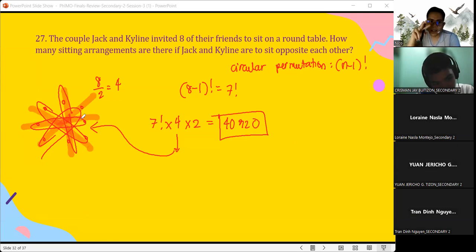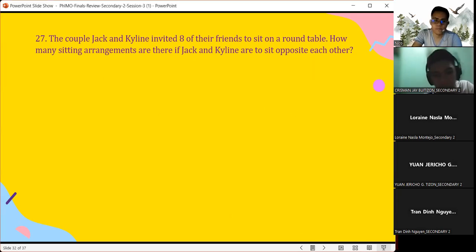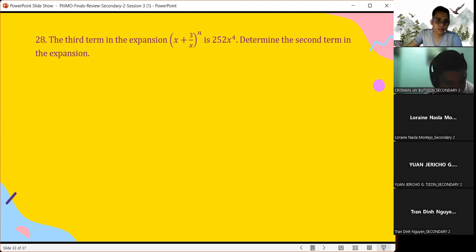Now, Jack and Kylene could interchange, so there is 2 factorial here, or simply 2. Because this is for Jack interchanging with Kylene. Okay.